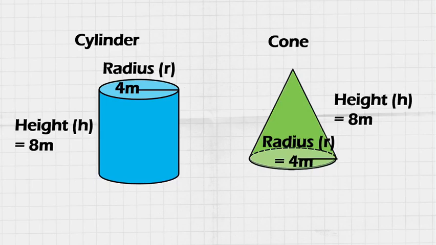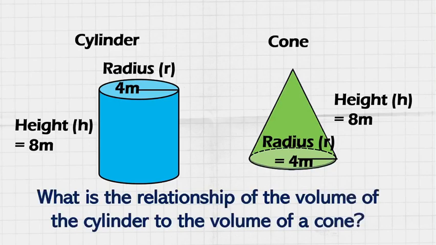As you can see on these given solid figures and their measurements, the radius of the cylinder and cone is equal, and the measurement of its height is the same. Now, what is the relationship of the volume of the cylinder to the volume of a cone? Again, let's watch this experiment.